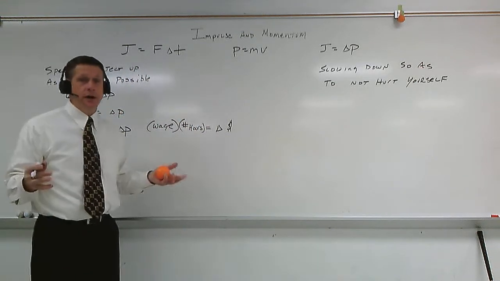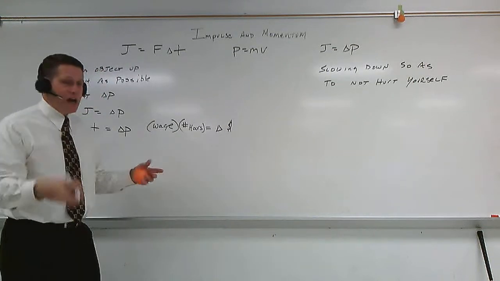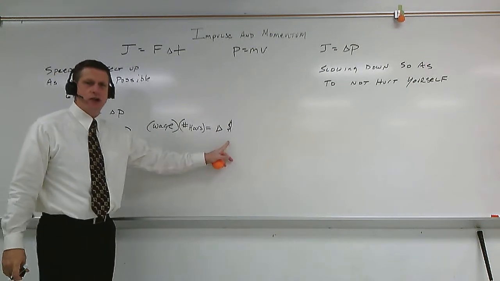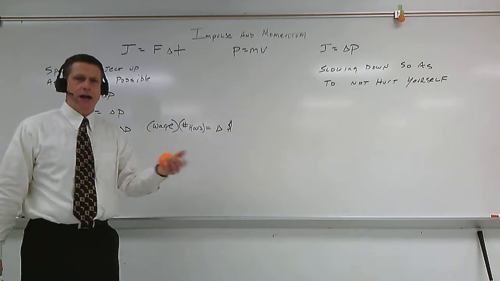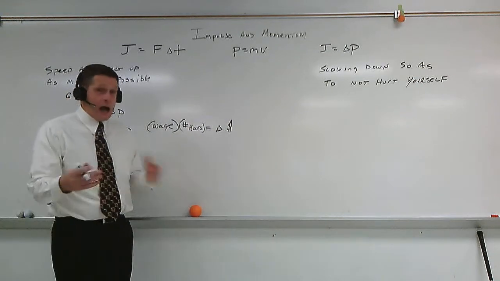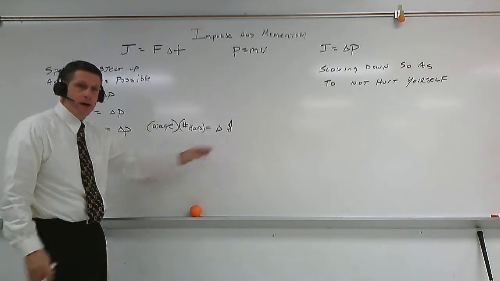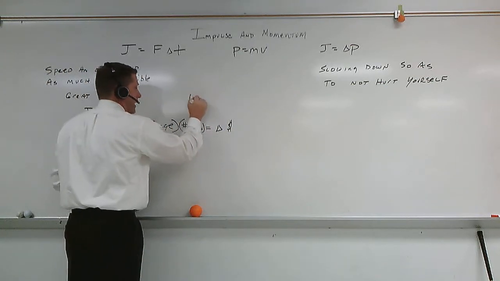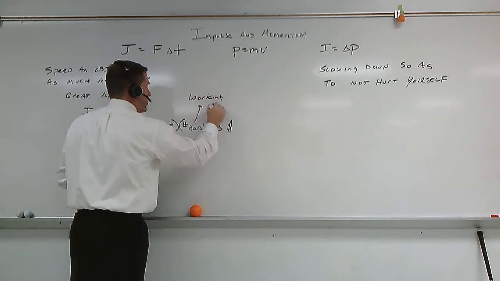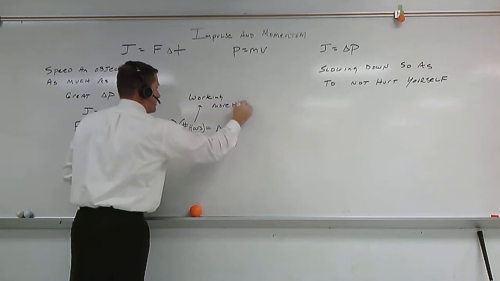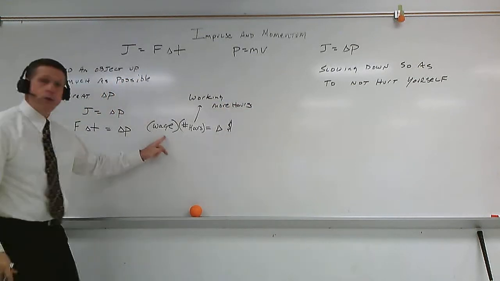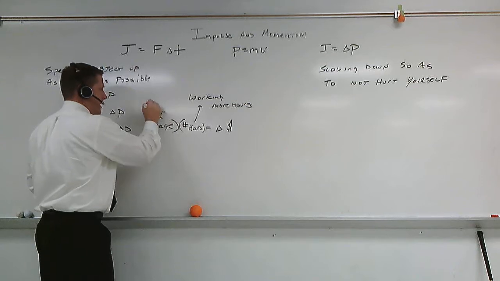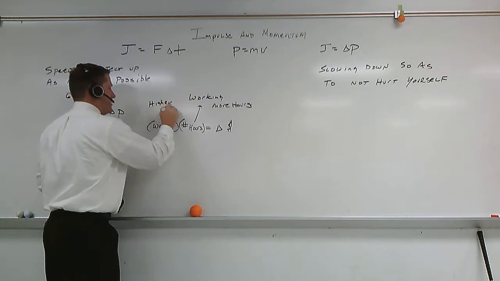So if you have no money and you have a job where you make $10 an hour and you work 20 hours, then your change in money is going to be $200. Well, how can you make more money? You can make more money by working more hours. You can make more money by getting a job with a higher wage.